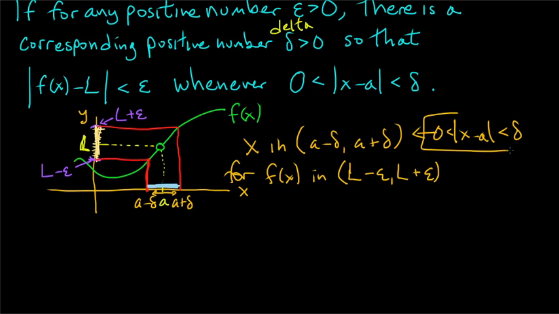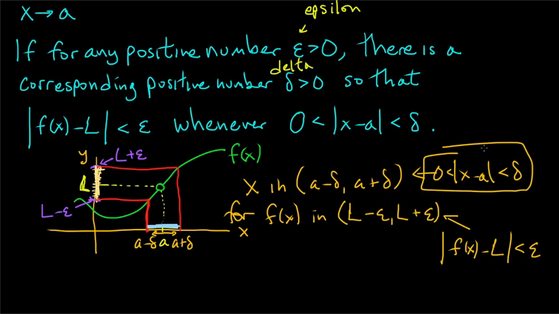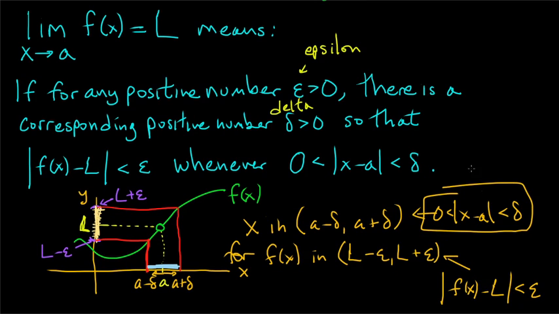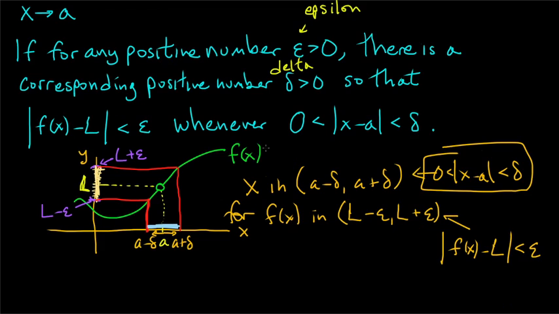It has to be within delta of a. And then this just ensures that f of x is close enough to L within epsilon. So that's the formal definition of a limit. It's a more precise definition. All right, so let's see an example of that.